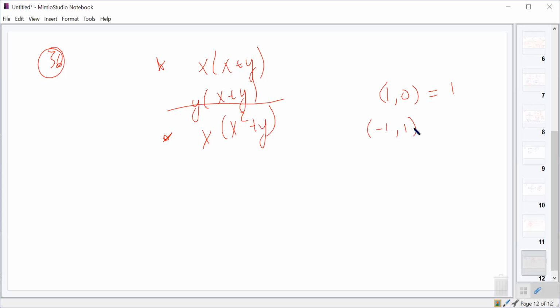What does it come out to be if you plug in (-1, 1)? That looks like it is 0. This one makes it -1 times 0, which is 0. And this one makes it -1 times 2, which is not 0. So it looks like it should be that one.